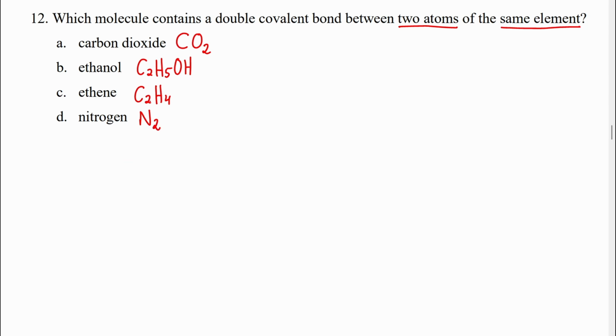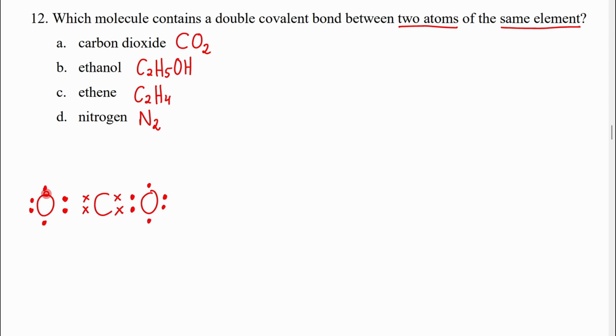Now you have to draw it one by one. So carbon dioxide, one carbon and two oxygen, right? In this case, they will have a double covalent bond. 1, 2, 3, 4, and this is 1, 2, 3, 4 as well. And the rest you have to complete for oxygen, which contains 6 valence electrons.